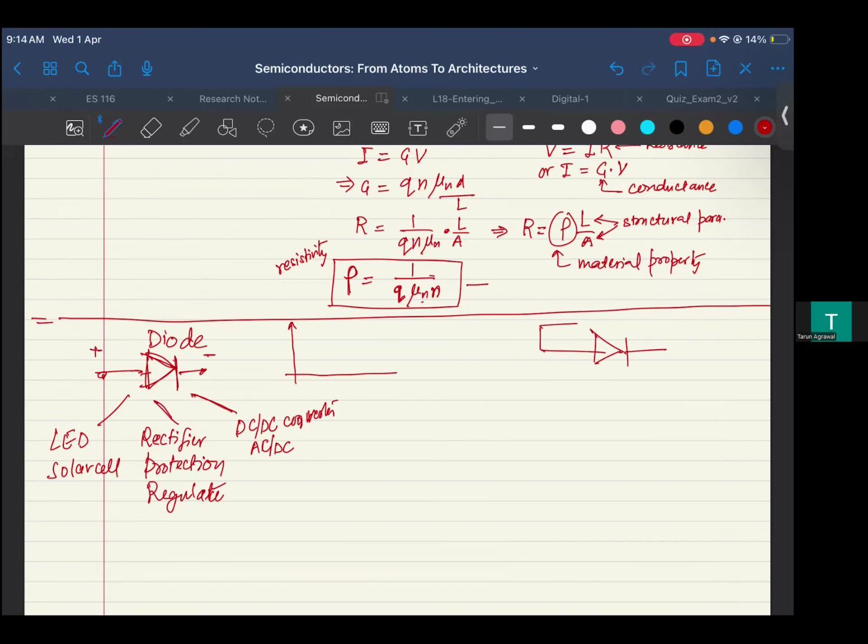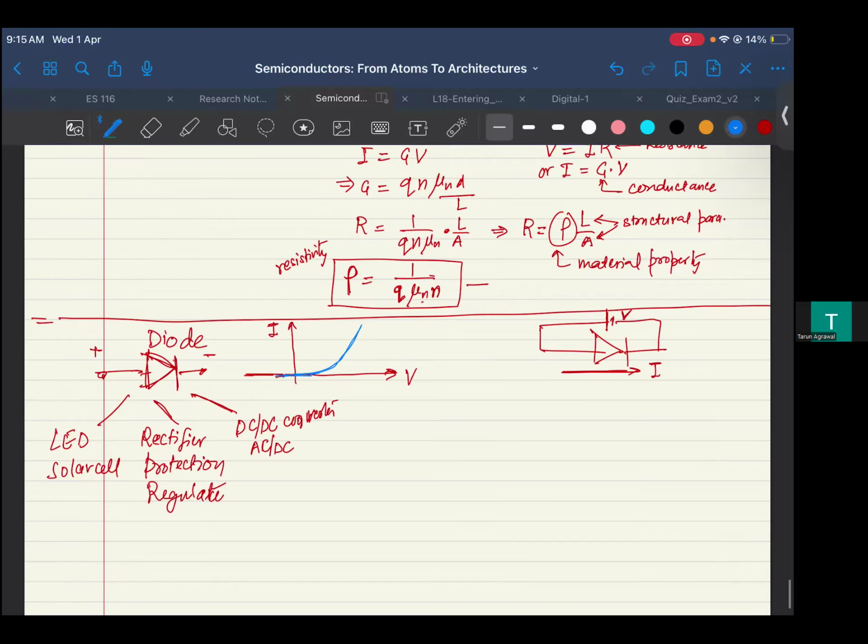If I apply a voltage across it and I'm measuring the current which is flowing, and I record it carefully, what I will see is that the current starts to increase after a certain voltage.